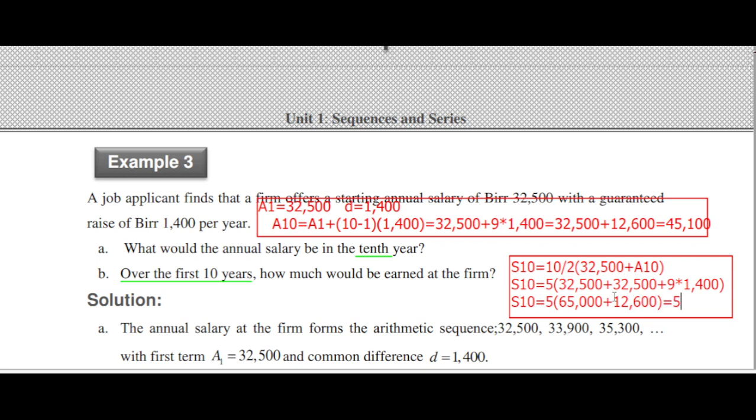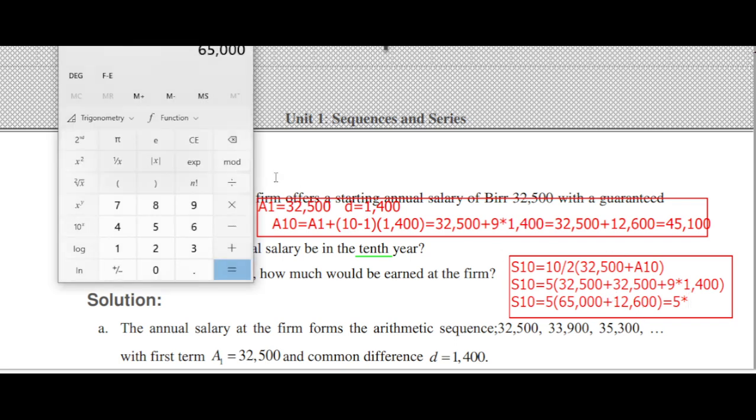This is equal to 5 times 65,000 plus 12,600, which is equal to 77,600.